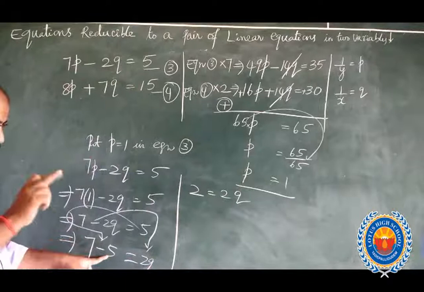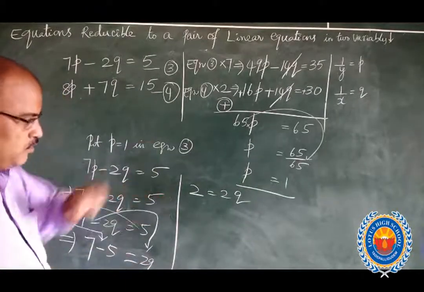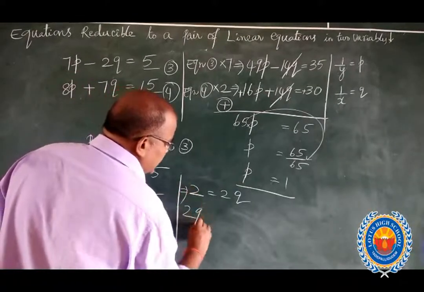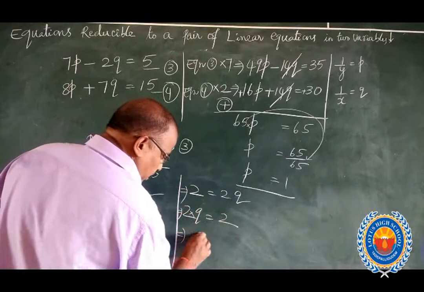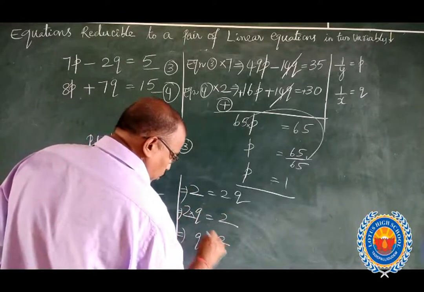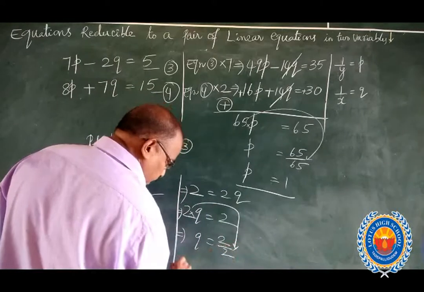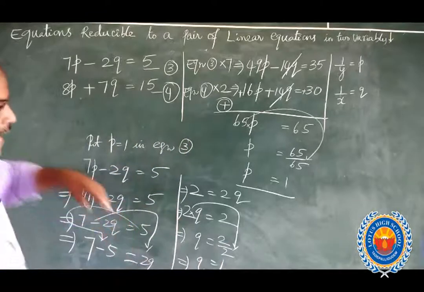That is nothing but 2q is equal to 2, and q is equal to 2 by 2, that is, q is equal to 1.